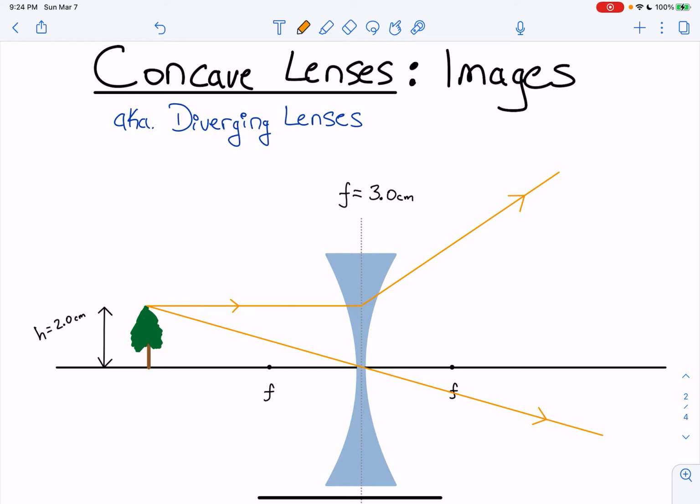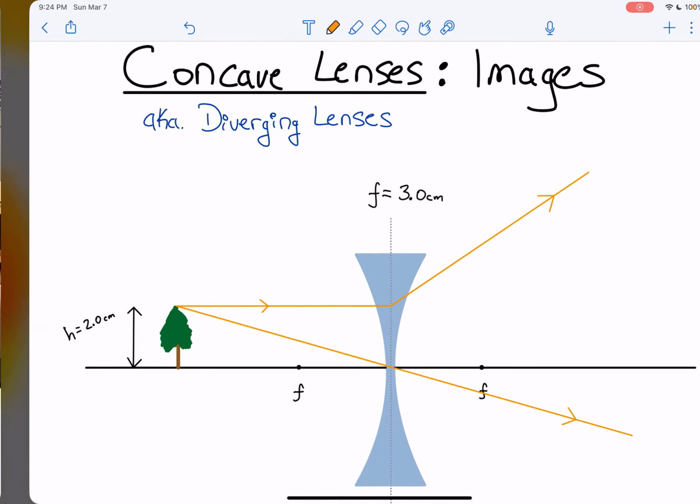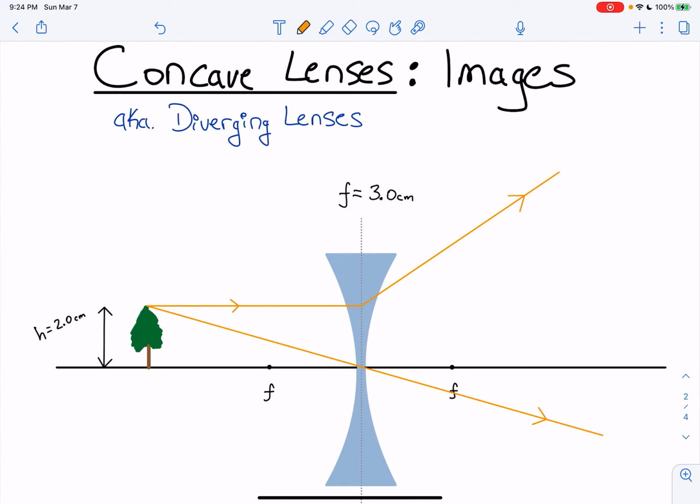Okay, last, let's consider a ray that is passing from the top of the object to the lens and then resulting in a ray that's refracted parallel to the optical axis. The way we find that is to go from the top of the object and imagine that it goes without the lens being there to the focal point on the opposite side of the lens.